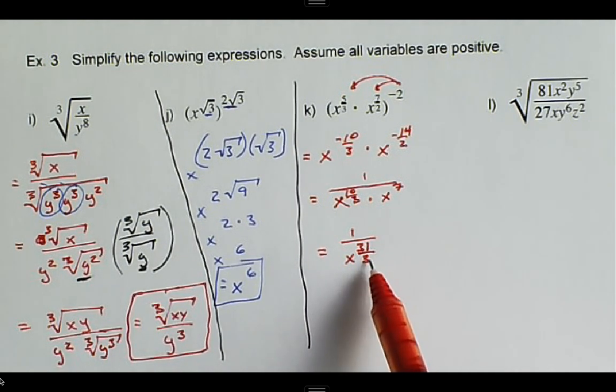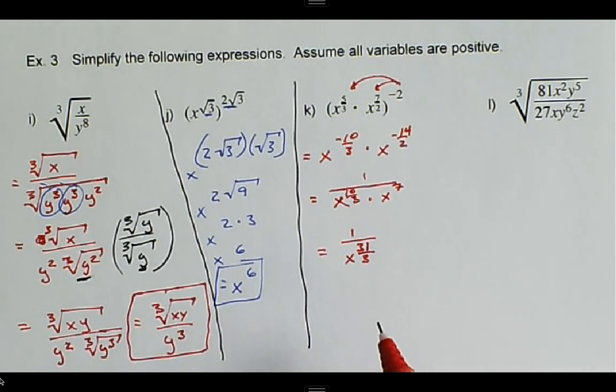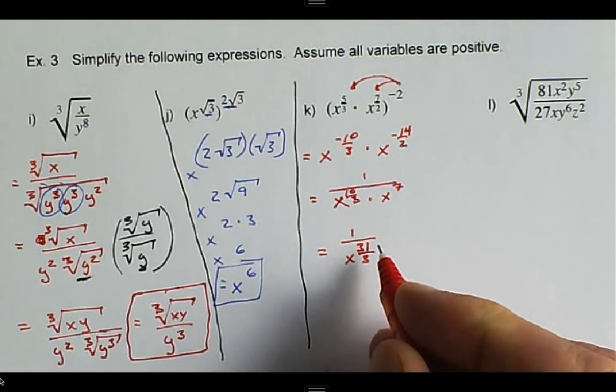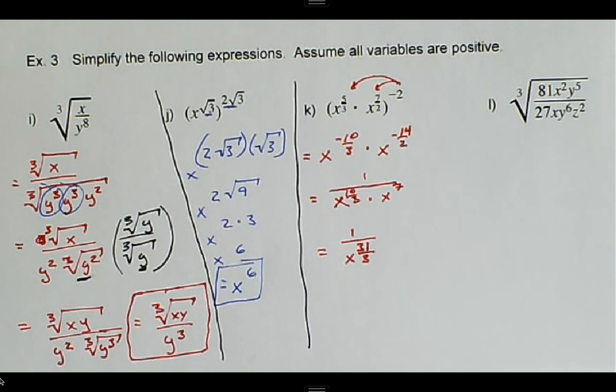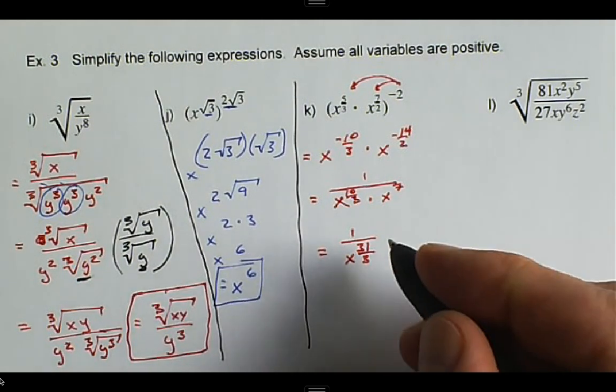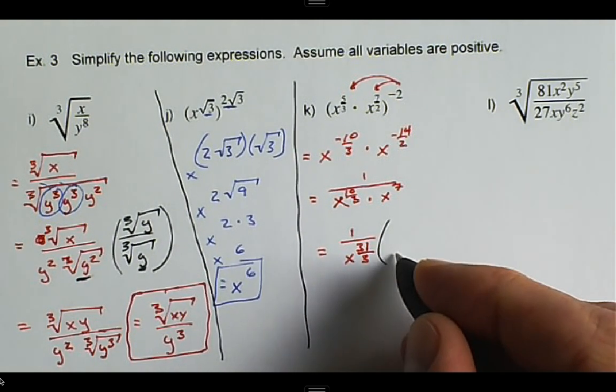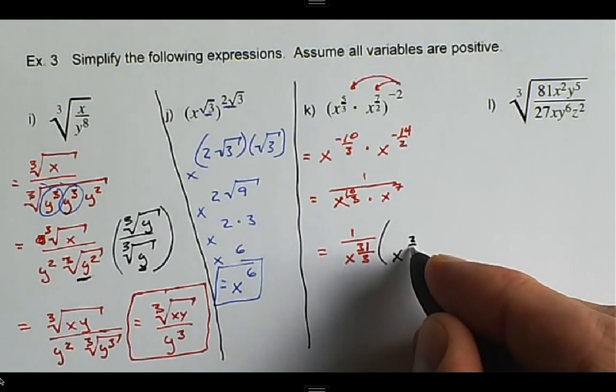So 30 would be an exact multiple, but that doesn't work. So how do we get the next one? The next one's 33. So we want to try to get our numerator to become 33. And what we have to do is add 2/3 to that. And the way that we add 2/3 is we have to multiply both the numerator and the denominator by x to the 2/3.